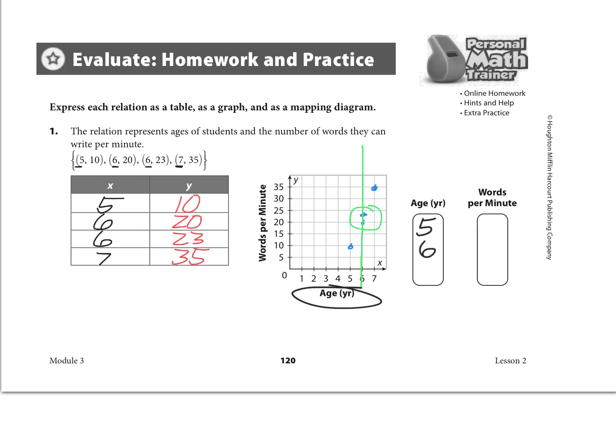So 5, 6, 7. The y's are 10, 20, 23, and 35. And then what you do is draw lines connecting them. So 5 goes to 10, 6 goes to 20 and 23. Because this x goes to 2 y's, it is not a function. And then 7 goes to 35.